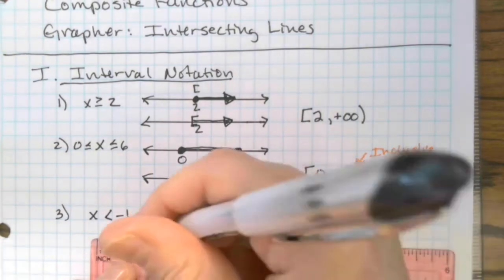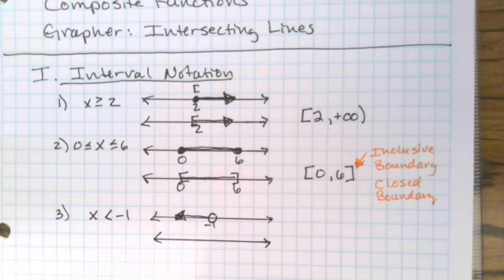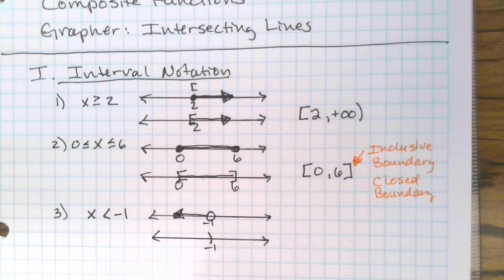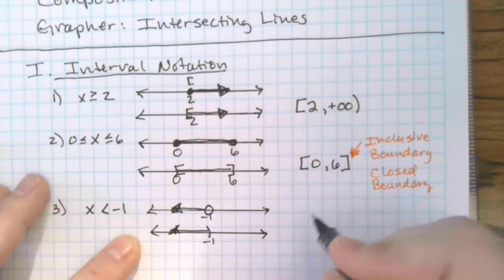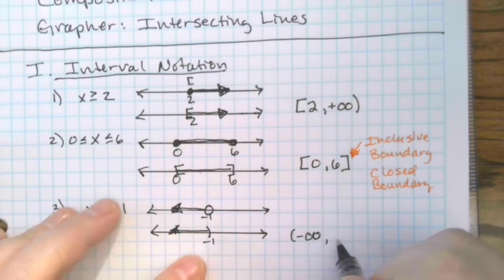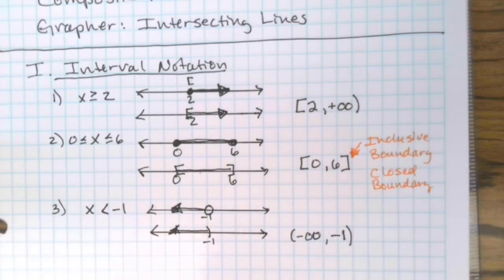In interval notation, when you have an open boundary point like that, it gets a parenthesis pointing in the direction of where the arrow is, in this case to the left. So you would write this as negative infinity, because it's all the way to the left, up to -1, and then it would get a parenthesis because it is not included in the solution set.